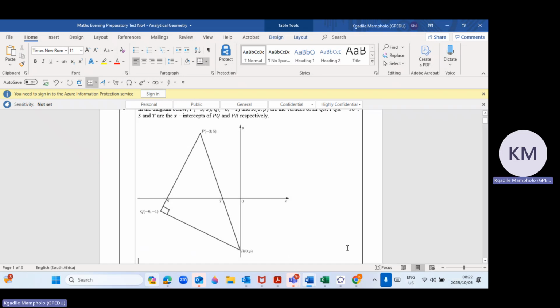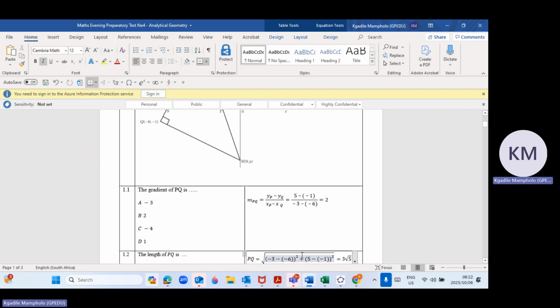The first question says, determine the gradient of PQ. In a test, they'll just say determine the gradient of PQ. So you use the formula as you see.